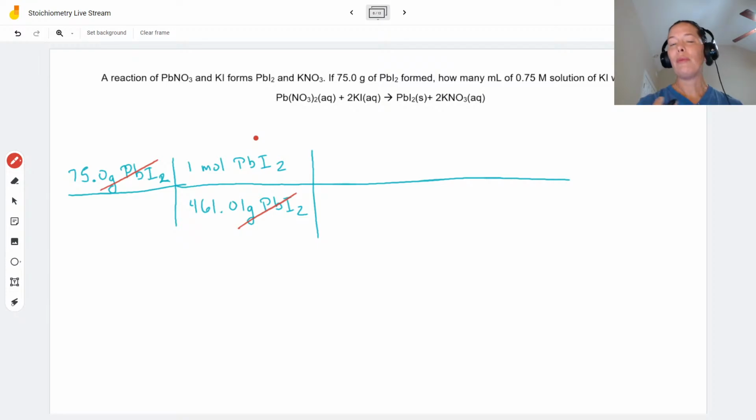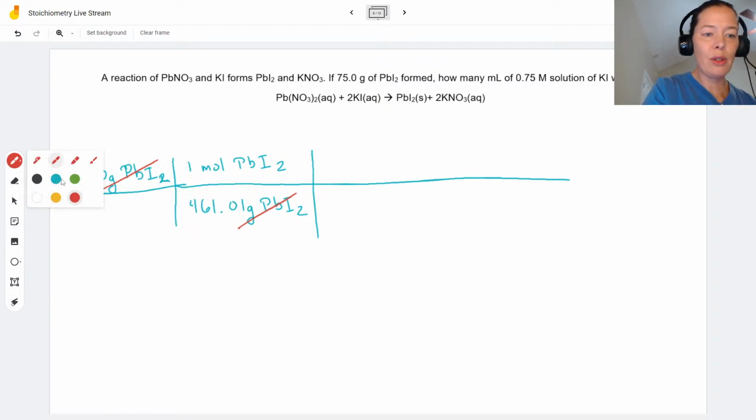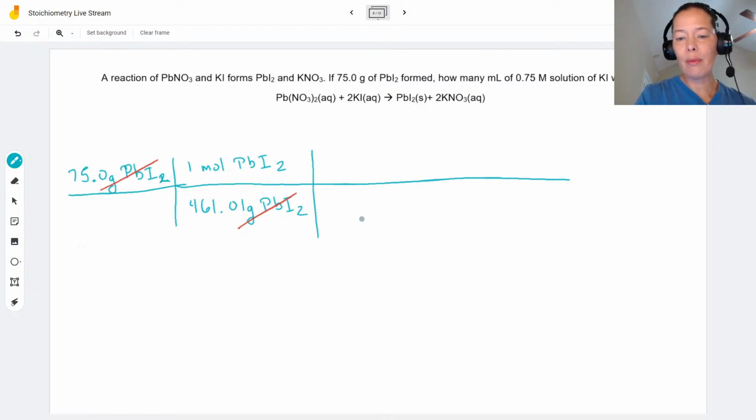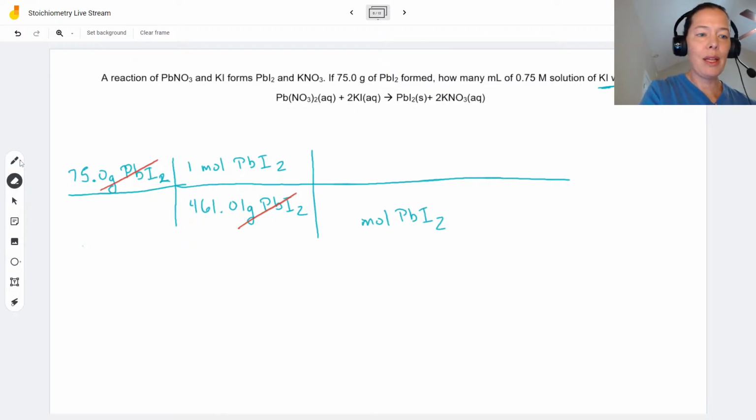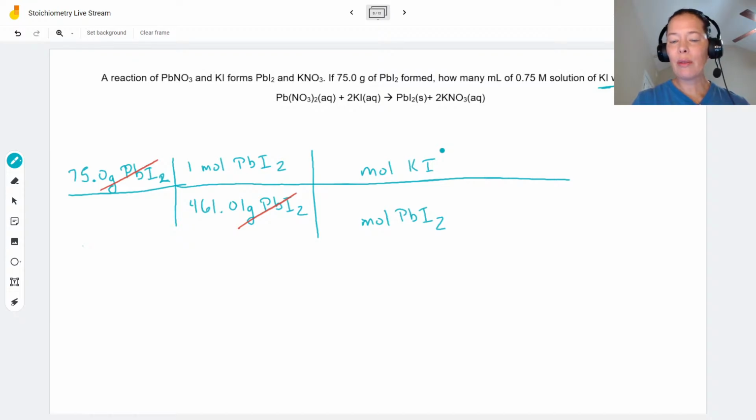Now I can use my mole ratio to convert between molecules. So I know I want my moles of lead iodide to cancel. And the problem has asked me to go to potassium iodide. That was not a very good M. Let me check my balanced chemical equation.